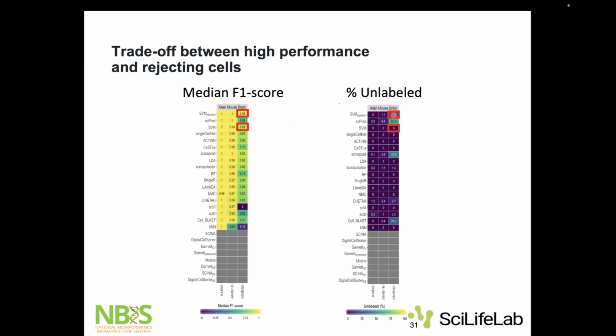Because in a situation where they do 100% unlabeled, the F1 score is 1. So we don't want that one. We want a higher F1 score with a low unlabeled rate. Because just remember, this is intra-data set annotation. So we already know what is there, and we are using the same data set for testing as well. So we expect very low unlabeled cells there.